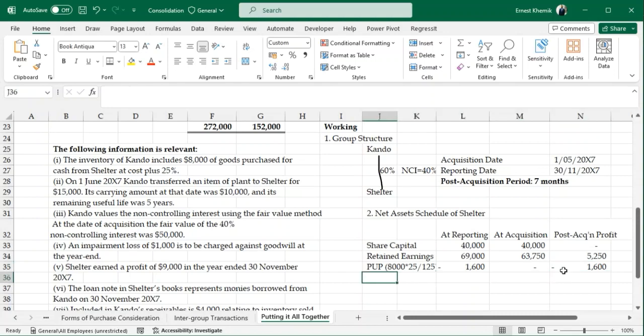Then the next thing, as we saw in the second note, is the transfer of the item of plant. So what is the plant? The plant has been transferred for 15,000. Its carrying amount at the date was 10,000, and its remaining useful life was 5 years.